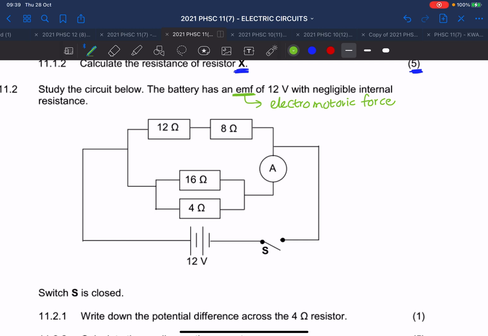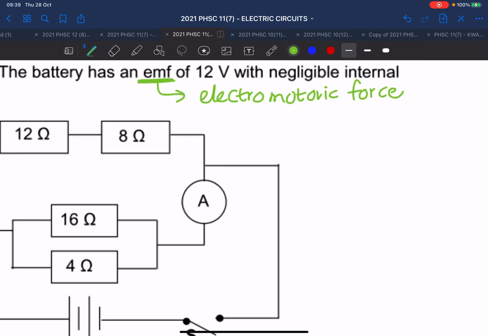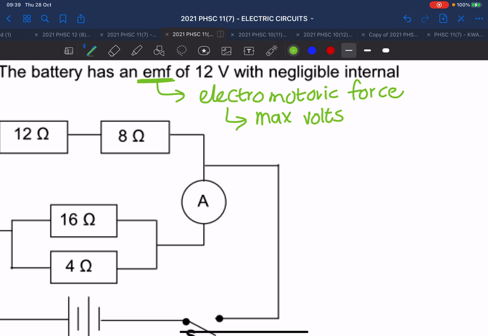Electromotoric force. Write it down. What it means is the maximum volts in a battery when no current passes through it.